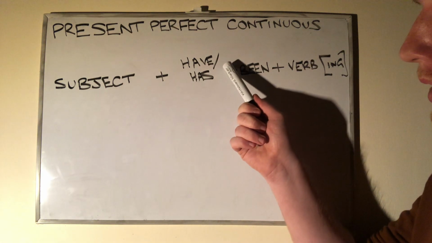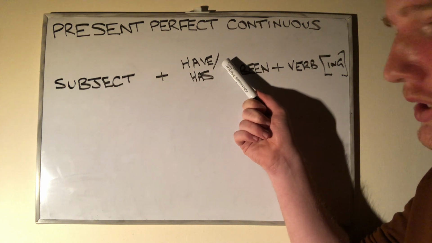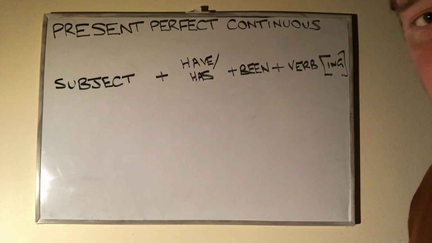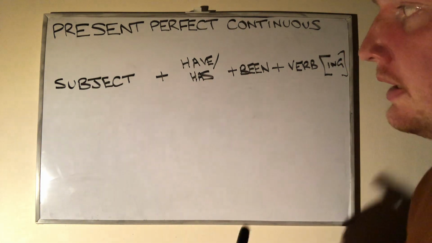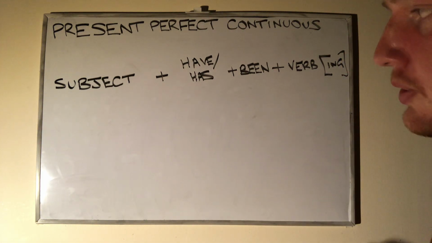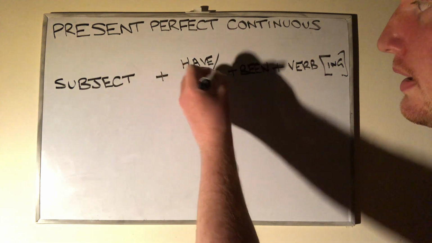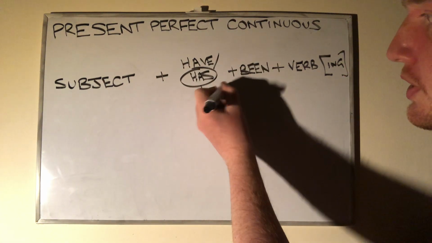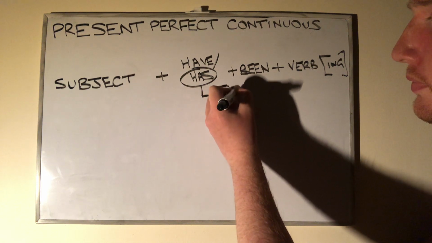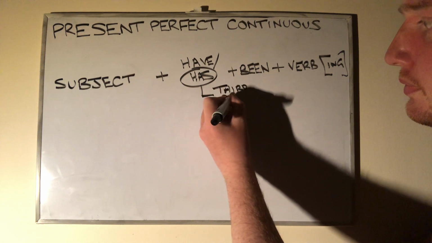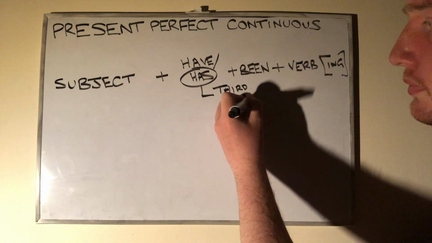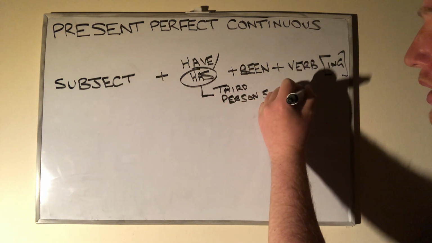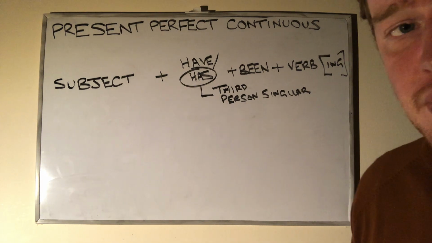You might be thinking, well, in what situation should we use have, and in which situations should we use has? Well, this would depend. The only case in which we would use has is if we're referring to the third person singular. What do I mean by third person singular?